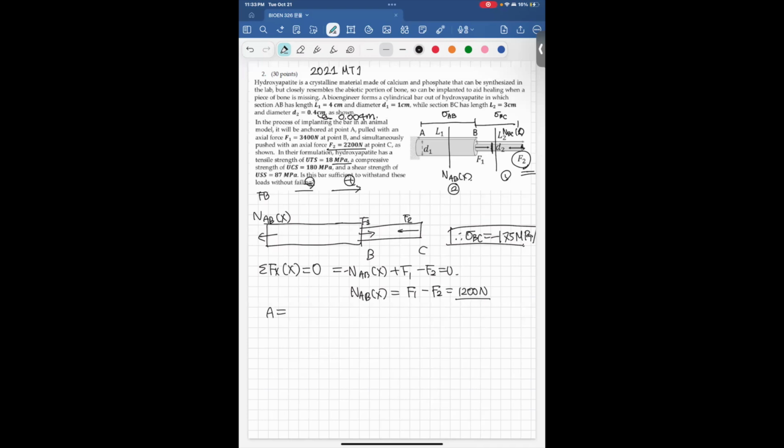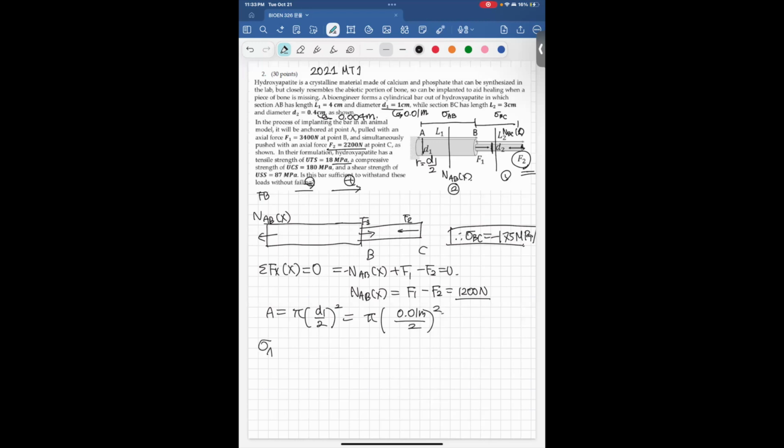The radius R is d1 over 2, therefore pi times d1 over 2 squared is the cross-sectional area of section AB, which is pi times 0.01 meter over 2 squared.